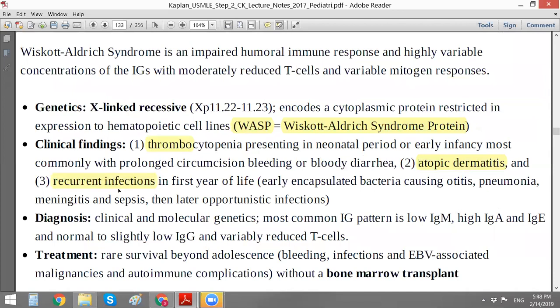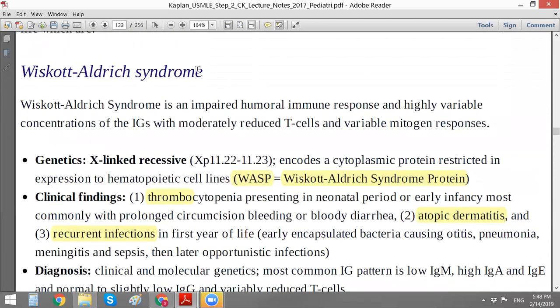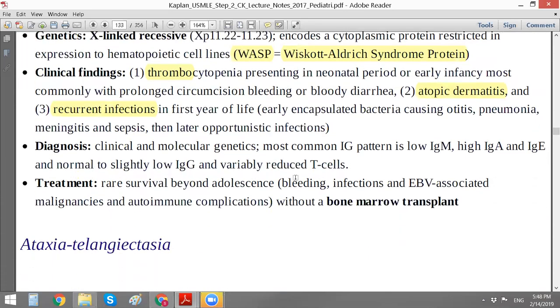So this is the Wiskott-Aldrich triad. Anytime we see eczema with thrombocytopenia and infection, immune deficiency, Wiskott-Aldrich should come to mind. The most common immunoglobulin pattern is low IgM, high IgA, high IgE, and normal to slightly low IgG, with variably reduced T cells. Few survive beyond adolescence without a bone marrow transplant.